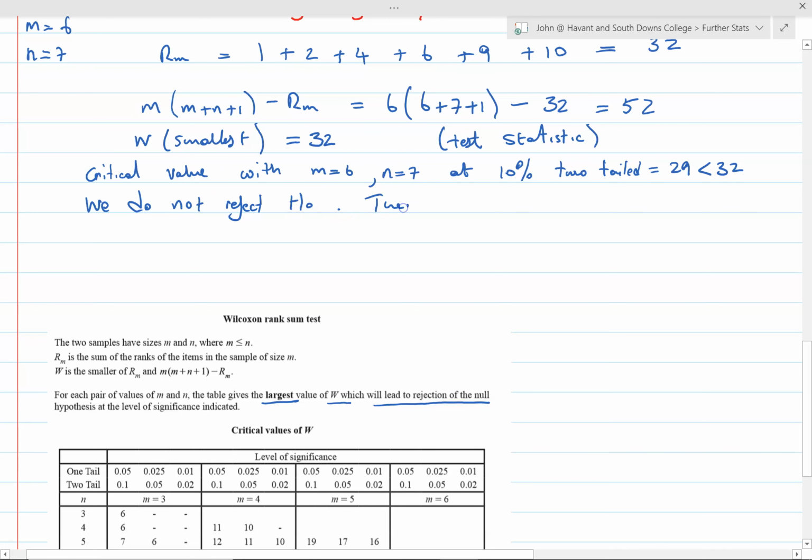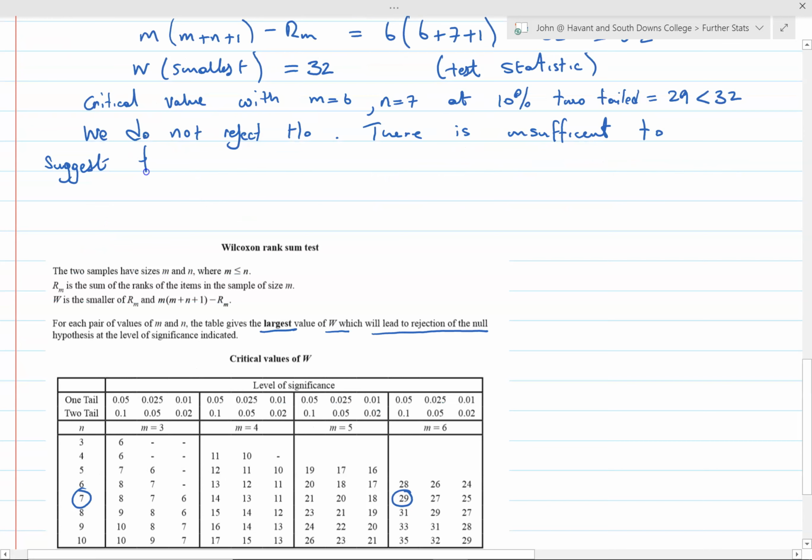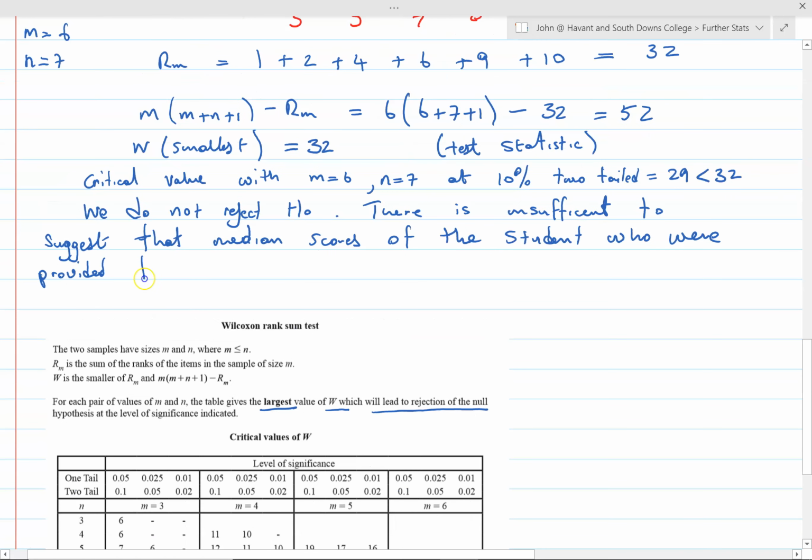There is insufficient evidence to suggest that the median score of the students who were provided the filmed lecture is different to those that attended the theatre.